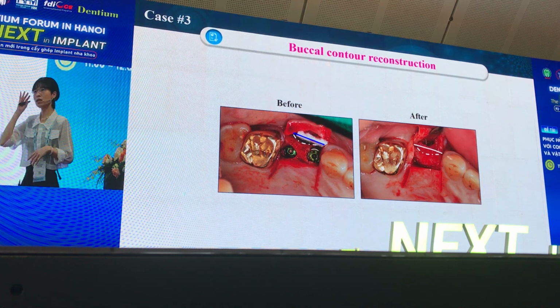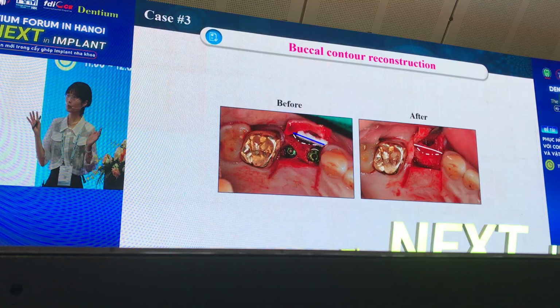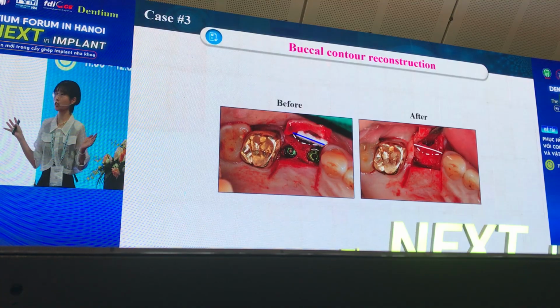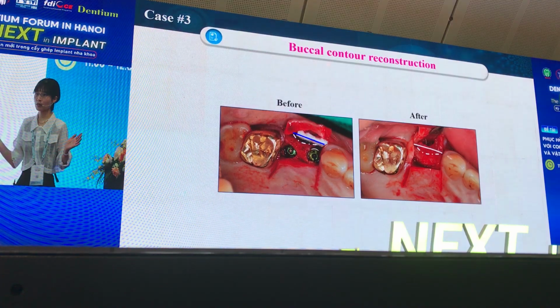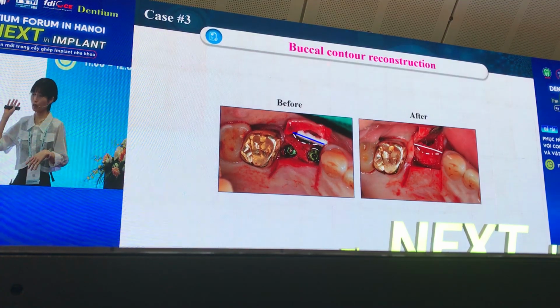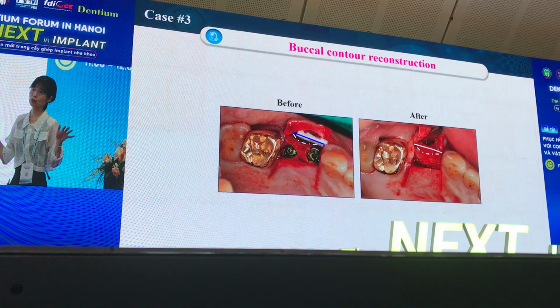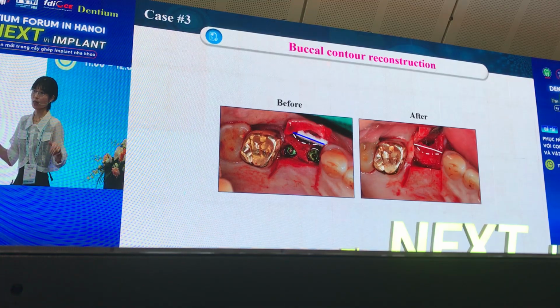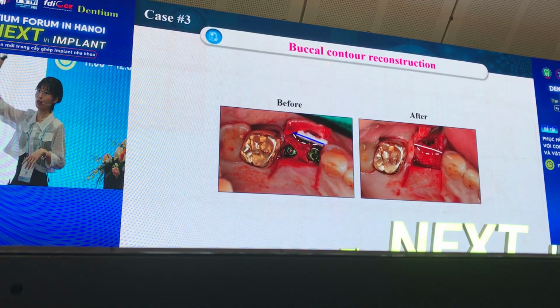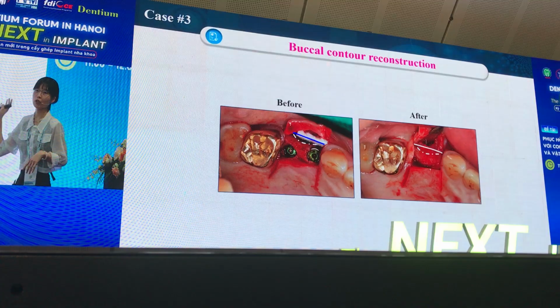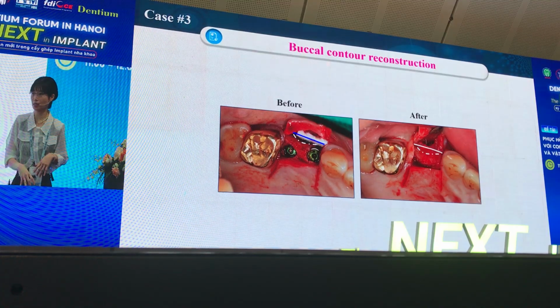So we can think about the key and basic mechanism of guided tissue regeneration, right? The key material is not the bone graft, right? The key material is the membrane or matrix to block the extracellular cell migration into the bone defect, right?